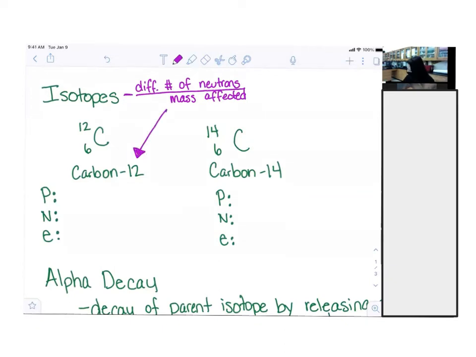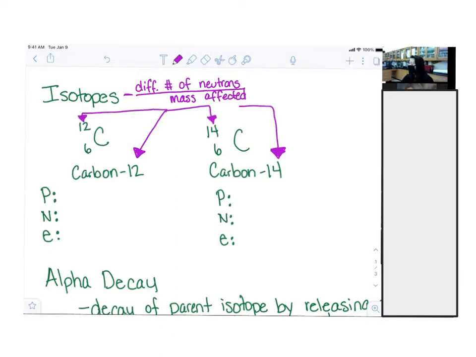So the number that comes after the name is going to be the mass of that particular isotope. We can also see that it's the same number that goes at the top left. So again, the mass is what gets changed because of those different number of neutrons.